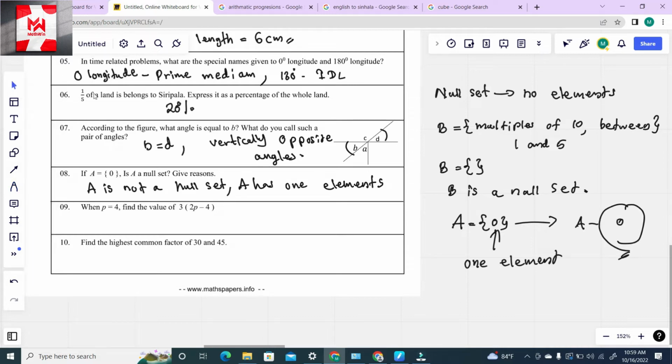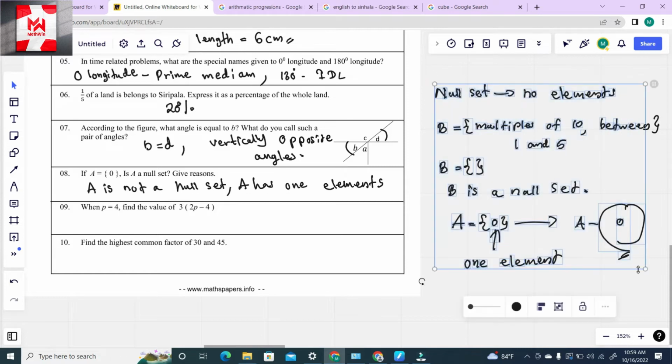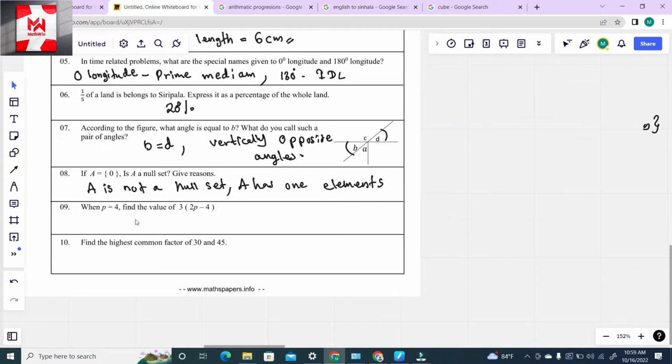And the 9th question, when P is equal to 4, find the value of 3 into 2P minus 4. So P is equal to 4. It's easy. 3 into (2P minus 4).